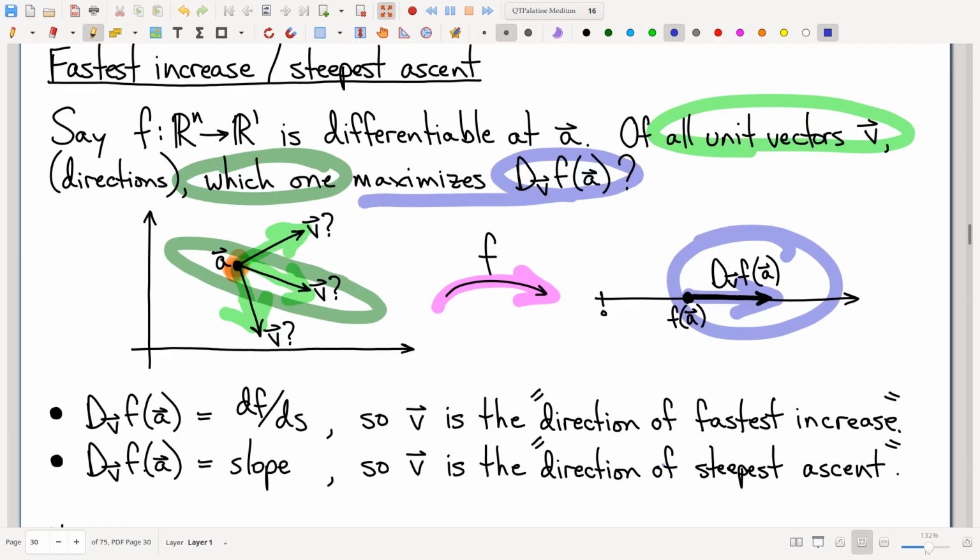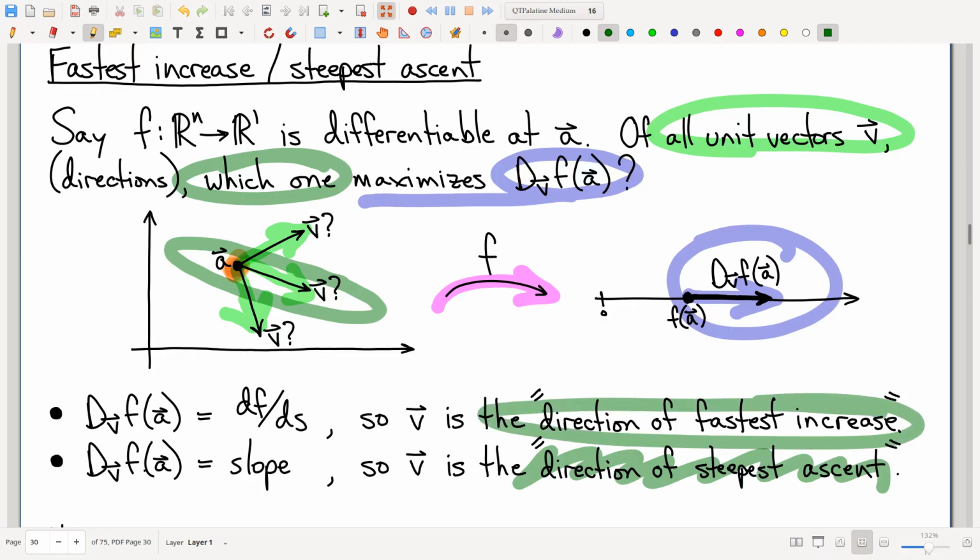So I don't particularly care for this latter term, and I don't use it deliberately. I will confess, when I was y'all's age and learning this for the first time, that was the term my teacher used, so some of that is drilled into me. But I think the better term is direction of fastest increase, and I want to encourage you to think in terms of that as well. But anyway, be aware of the other one.